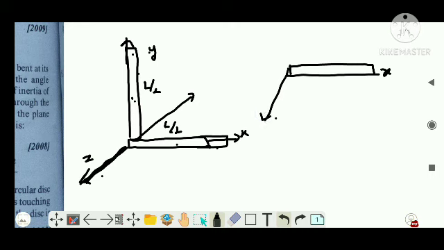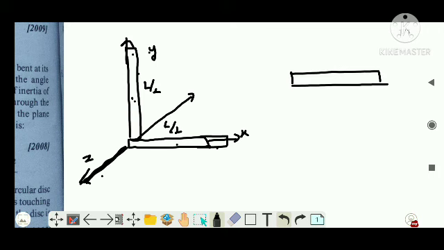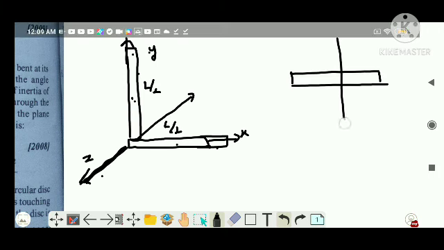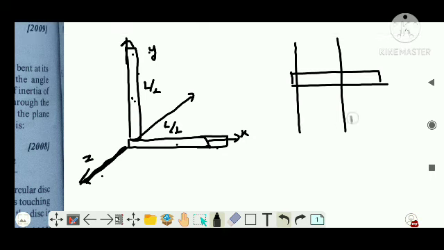So I hope you remember the parallel axis equation. If not, please learn it by heart. Suppose there is a rod like this, and you know the moment of inertia is ml squared by 12. The moment of inertia about a perpendicular axis through the end, let us say it is I dash, so this distance will be L by 2.